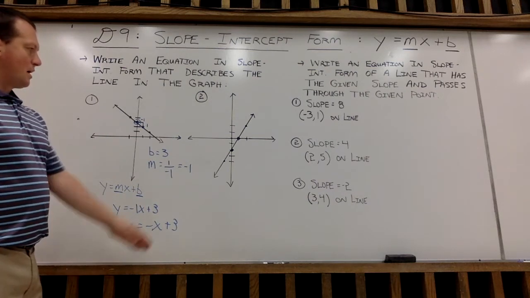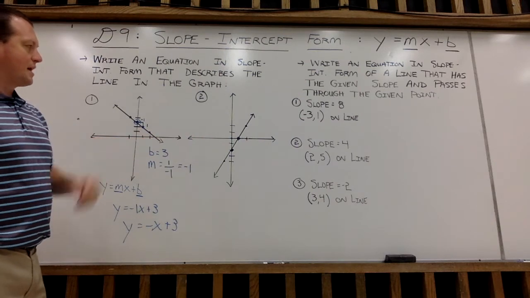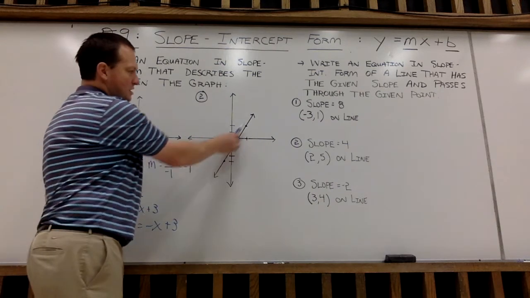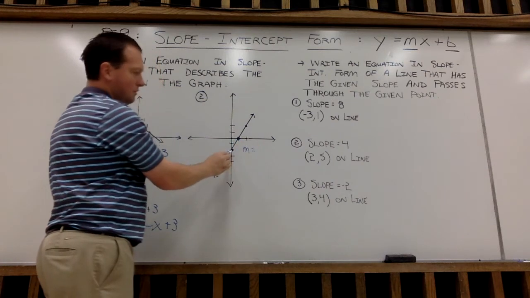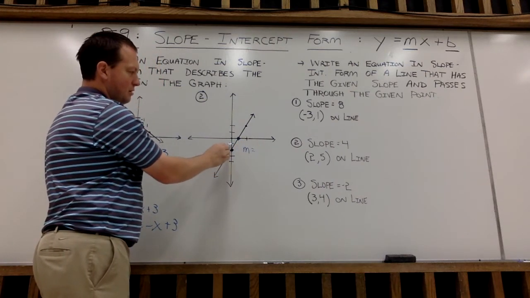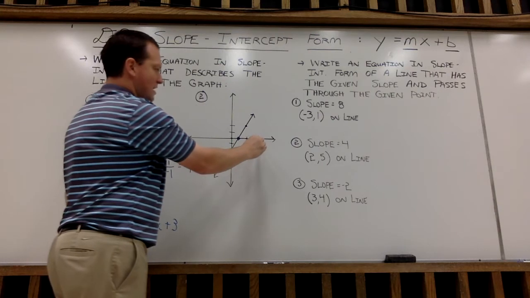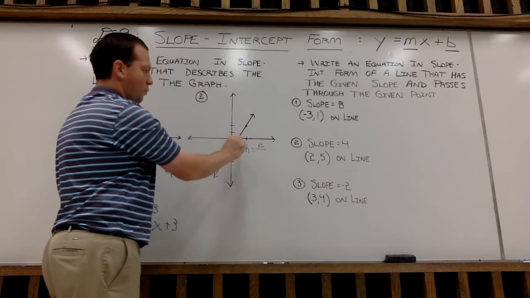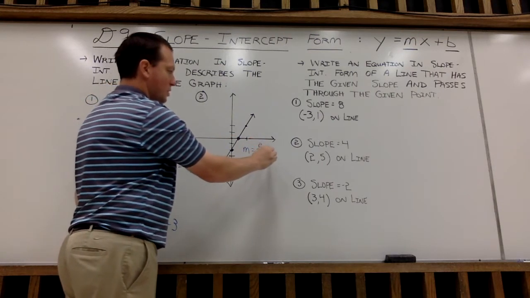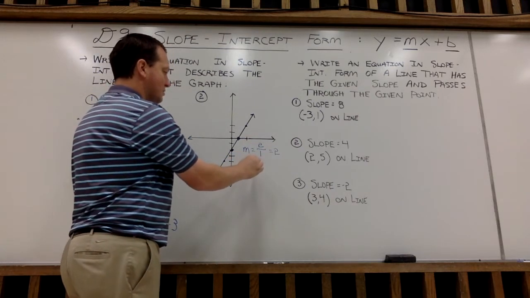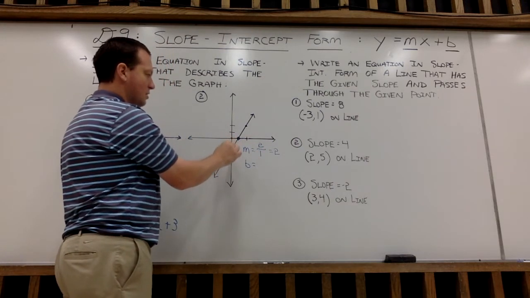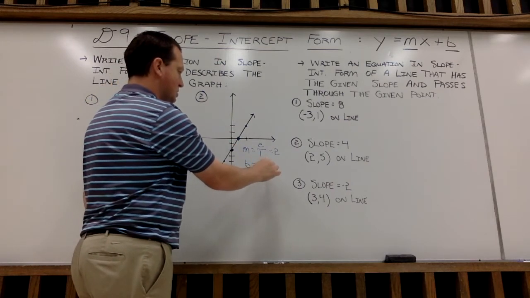Okay, we are finally going to look at this equation. This line is rising from left to right, so its slope would be a positive number. Let's confirm that. So I'm going to go up 1, up 2. So rise of 2, run of 1, 1 to the right. So 2 over 1, which is 2. And then b, the y-intercept, is down 1, down 2, so negative 2.